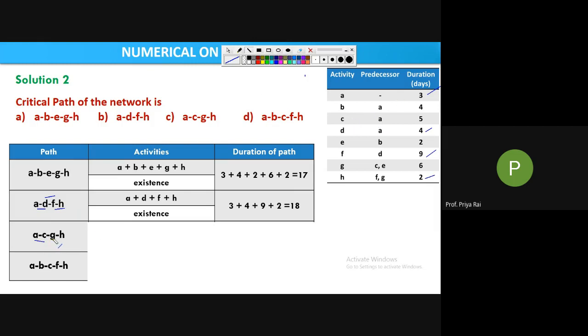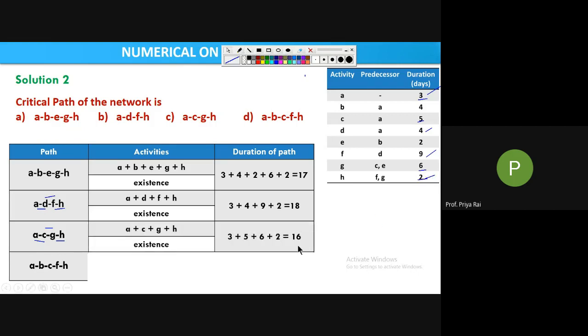C to G, that is G's predecessor is C. Exists. G to H, that is H's predecessor is G. So all these activities exist. So A plus C plus G plus H: A is 3, C is 5, G is 6, H is 2. So 3 plus 5 plus 6 plus 2 is 16 days.